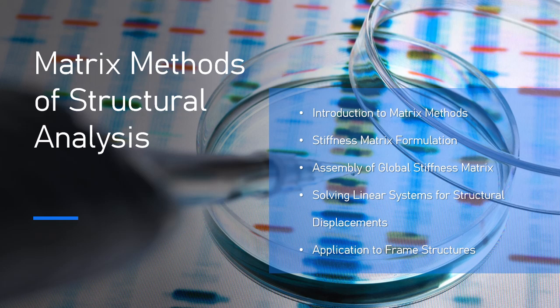For example, if an element contributes to the force-displacement relationship for DOFs U1, V1, U2, V2, U3, V3, and so on, the corresponding entries in the global stiffness matrix are incremented by the local stiffness values at those positions.